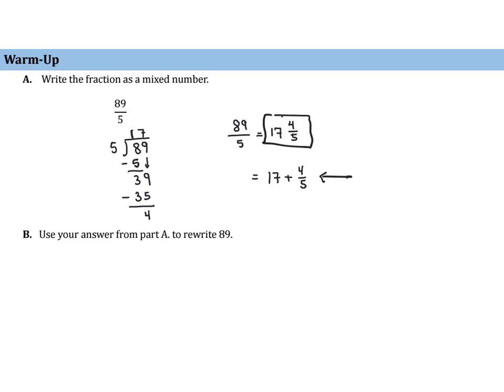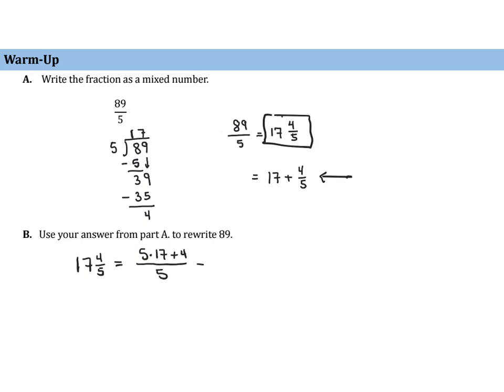So now, how can we use this to rewrite 89? Well, if we have 17 and 4/5 as a mixed number, how do we rewrite that as an improper fraction? We take the 5 times the 17 and add the 4. And that would be all over 5.